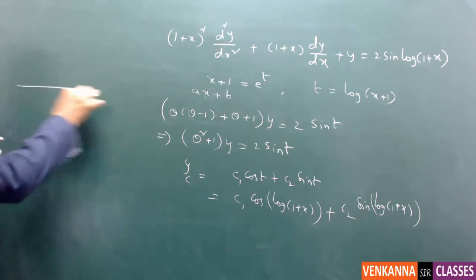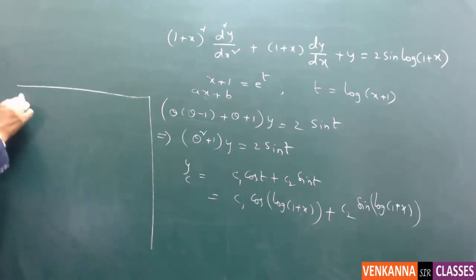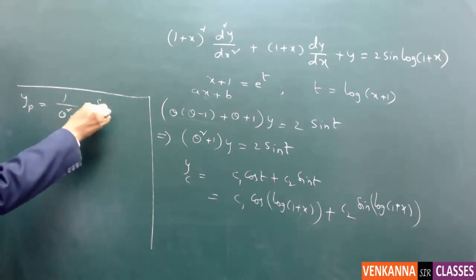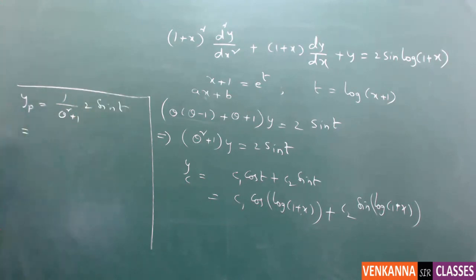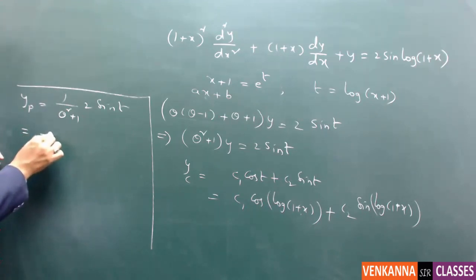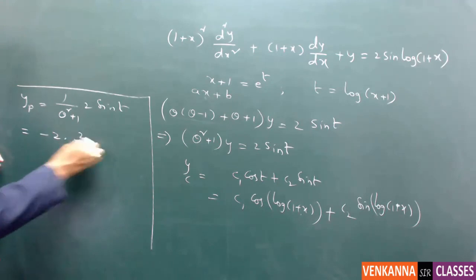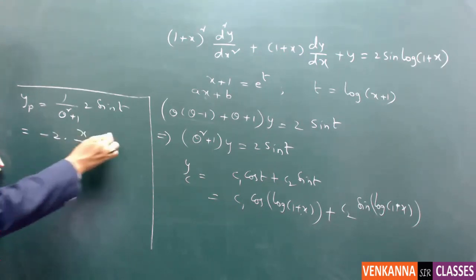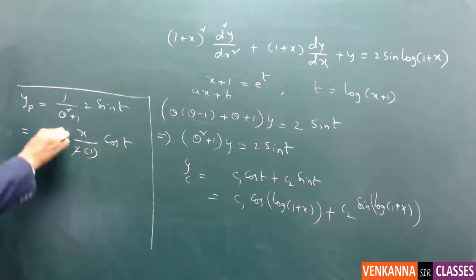And then coming to yp, so 1 by (theta square plus 1) into 2 sin t, applying the same formula what we have learned earlier. So minus 2 into 2 by 2 into 1, I mean x into cos t, 2 gets cancelled.